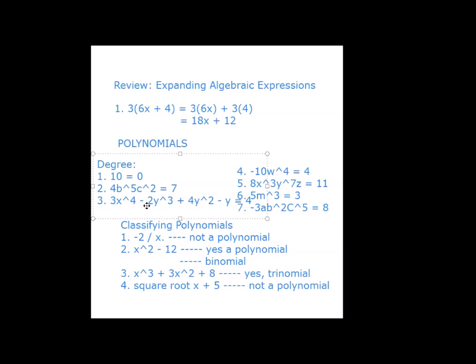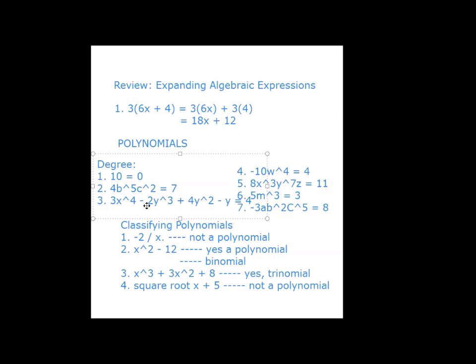Also, we classify polynomials according to terms. Recall that a monomial is a number, a variable, or a product of numbers and or variables such as 3 times 4. An algebraic expression that contains one or more monomials is called a polynomial.